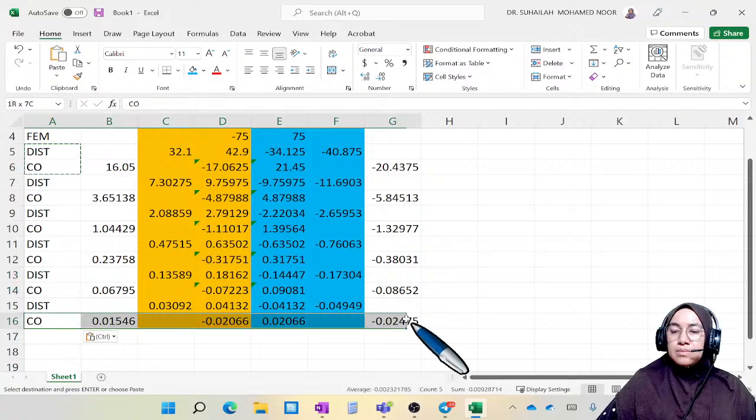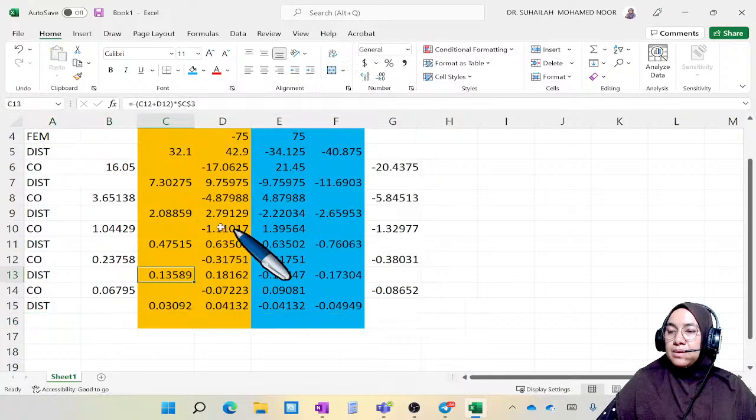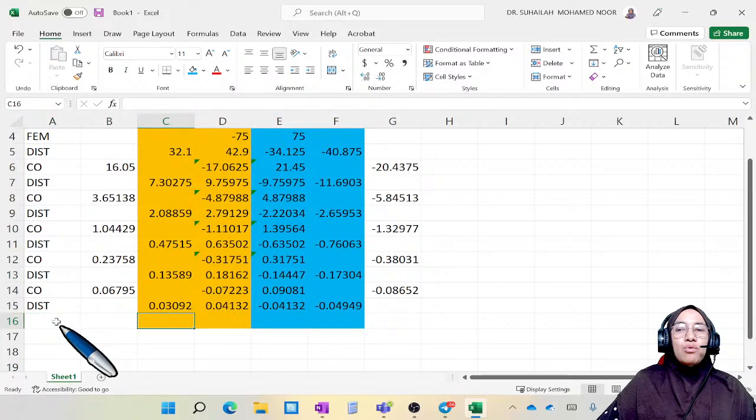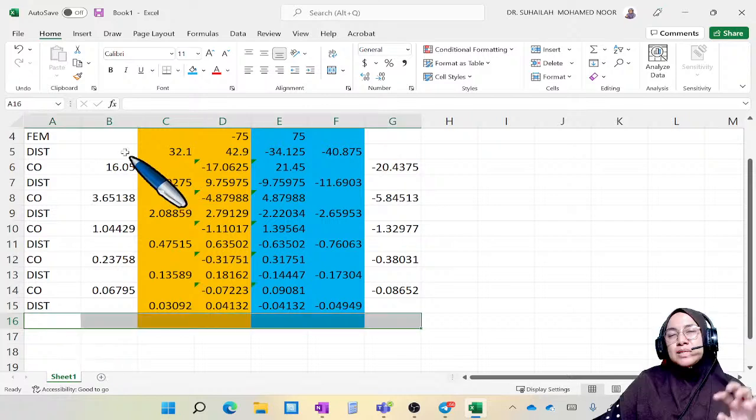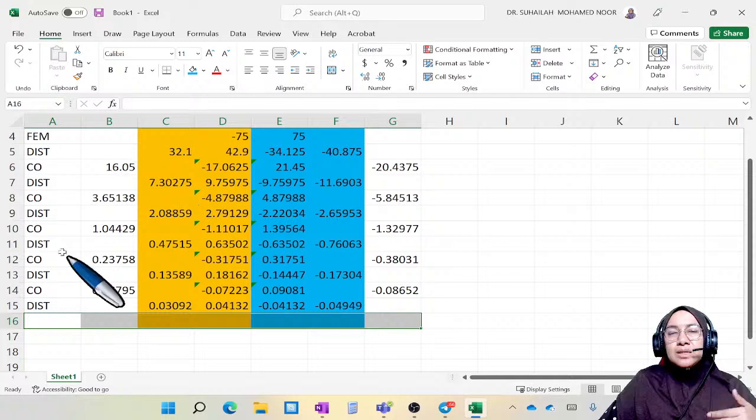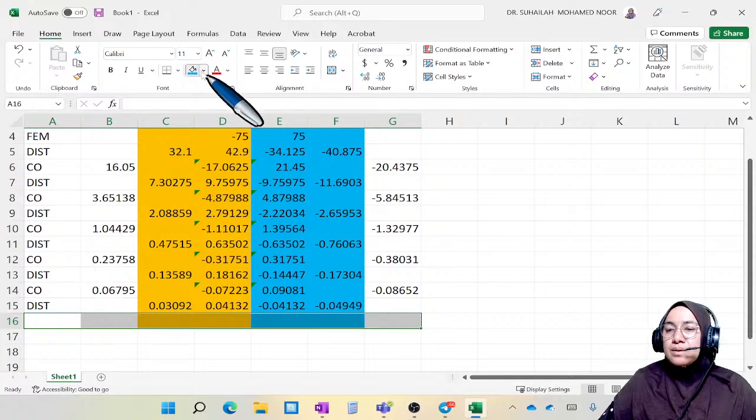Clear the last. Carry over. Because the total, the table must start at distribution and stop at distribution. Okay, we will find the total.